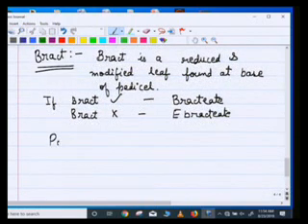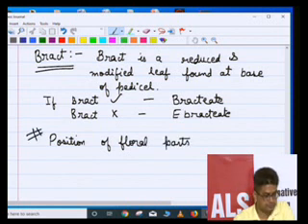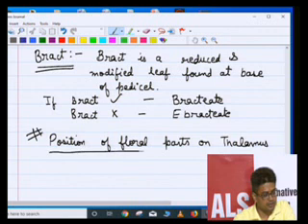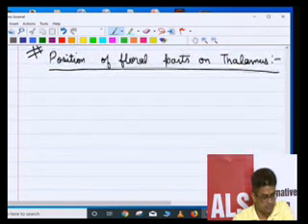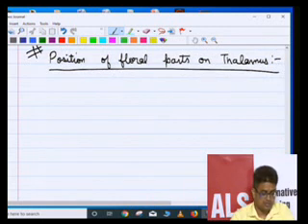Position of floral parts on thalamus, that is inferior, superior, half inferior condition. Position of floral parts on thalamus, a very important topic, because it's quite confusing also. So if you pay attention, you will understand this in about 5-10 minutes.